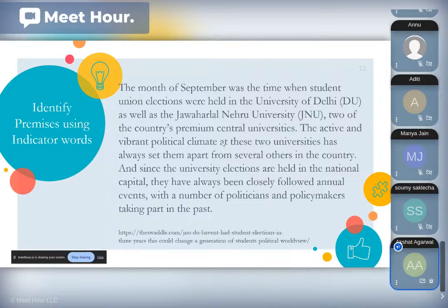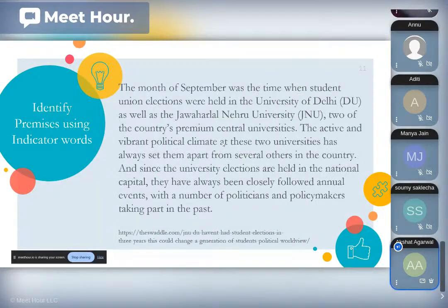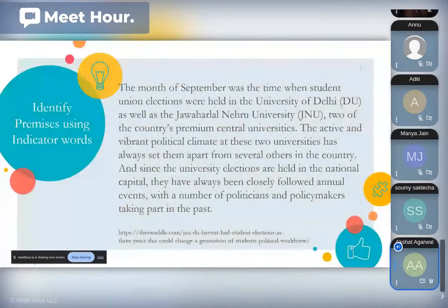Now, I gave you a list of indicator words. Do you see any indicator word in this passage? If you read the fourth line from the bottom, it says, "Since the university elections are held in the national capital, they've always been closely followed."